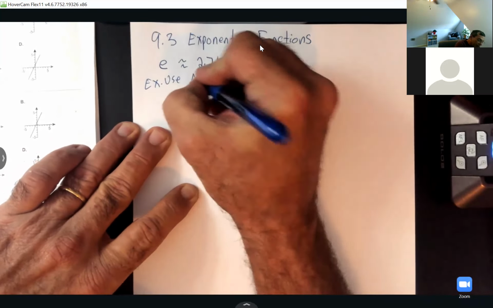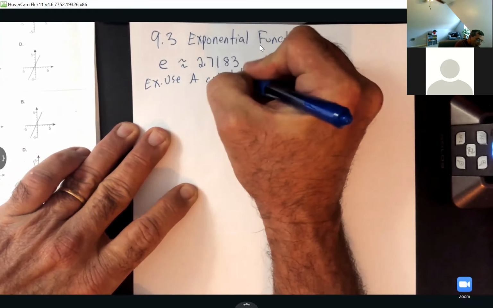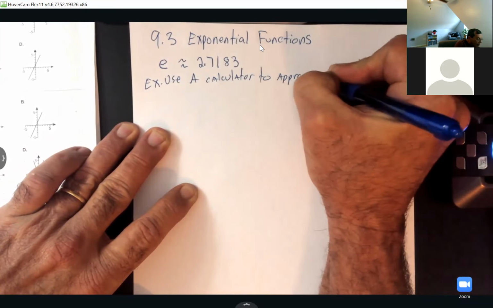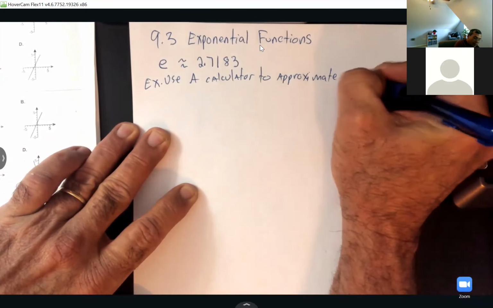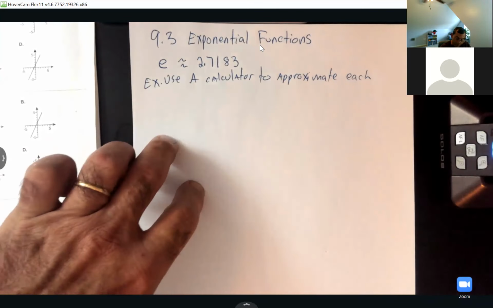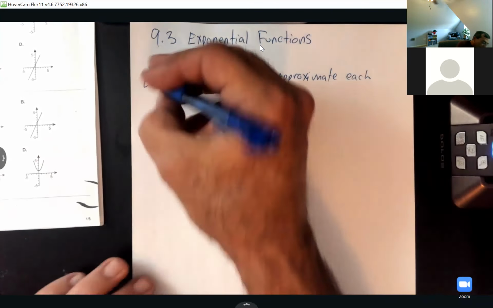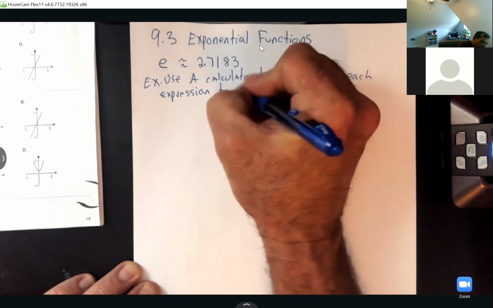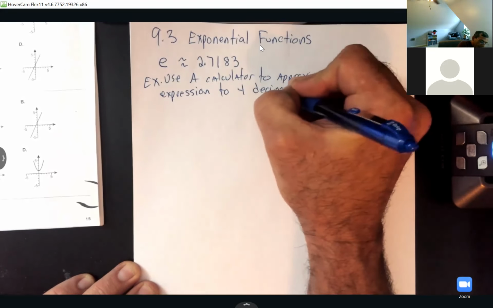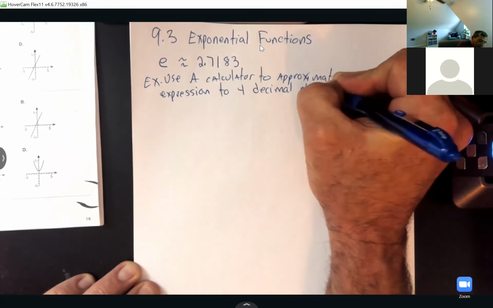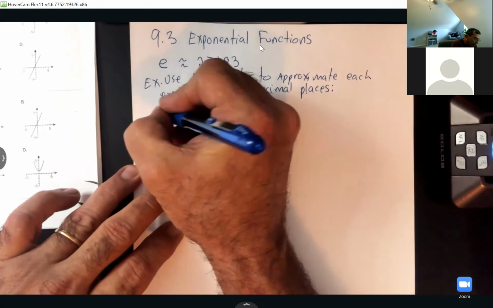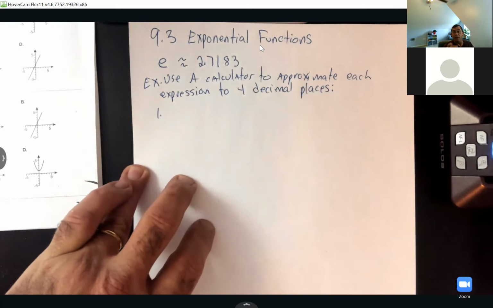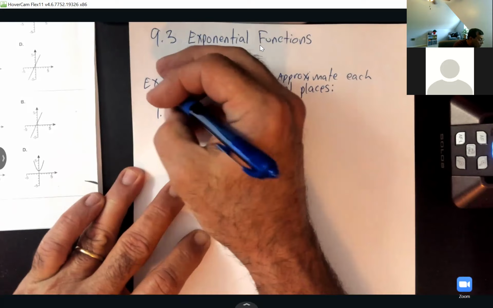In this section, the first thing they want us to do is use a calculator to approximate each expression to 4 decimal places. They just want me to see what the value is of these expressions to 4 decimal places.